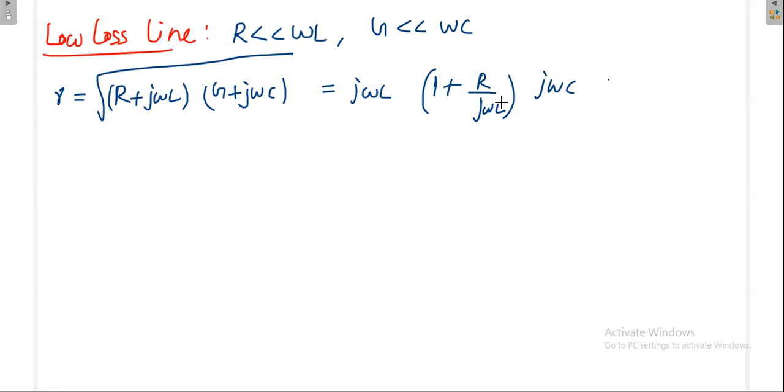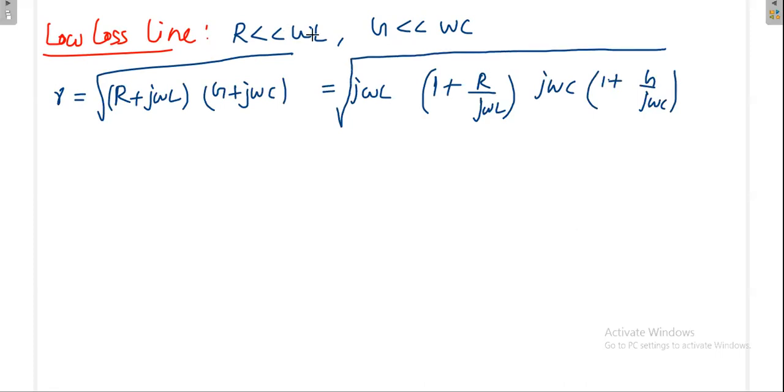Then J omega C outside, 1 plus G divided by J omega C, overall square root. Once R is very less as compared to omega L, if the numerator is very less compared to omega L, then you can neglect this term. Similarly, you can also neglect this term.